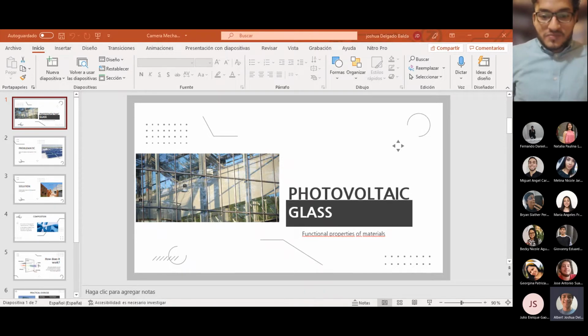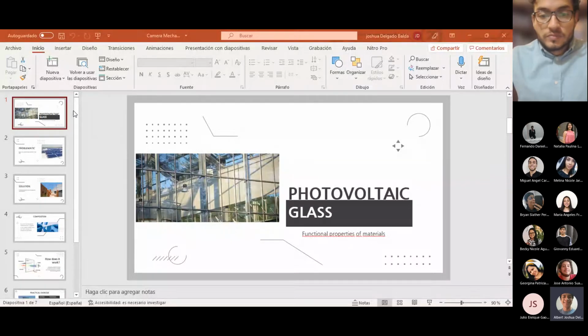But I can see my computer. What's the problem, Joshua? I can see your screen, but it's not completely the full screen. That doesn't matter.